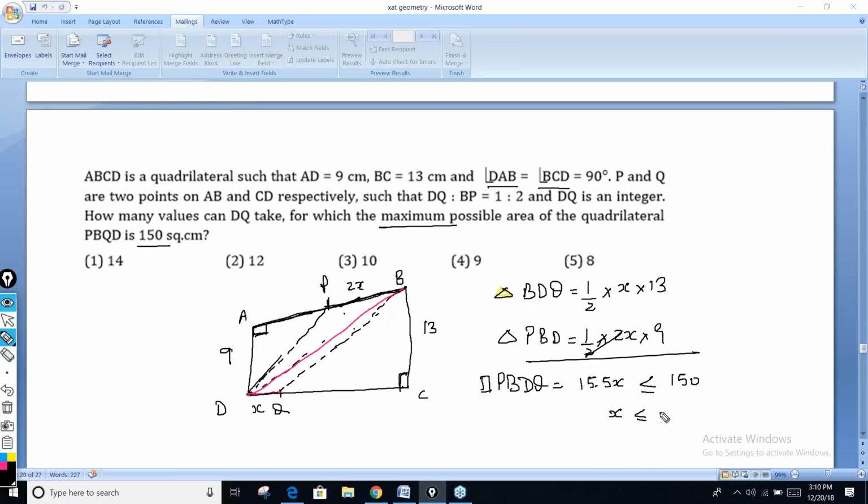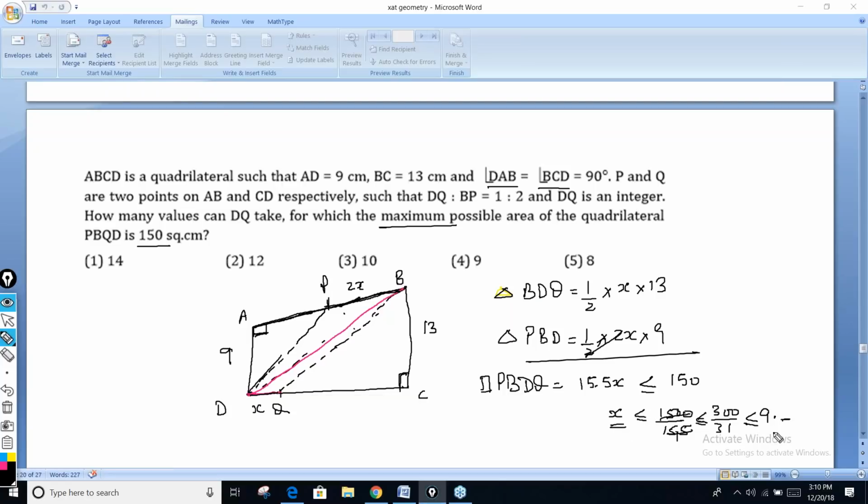So what is the value of x? x is less than or equal to 150 upon 15.5. If I cancel out, that comes out to be 300 by 31, which is nearly less than or equal to 9 point something.